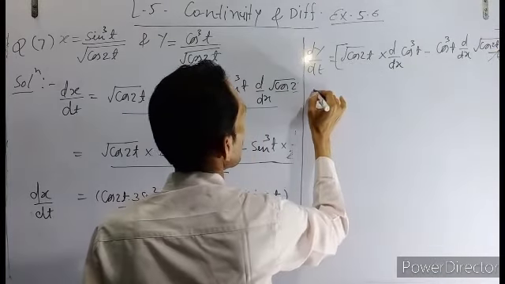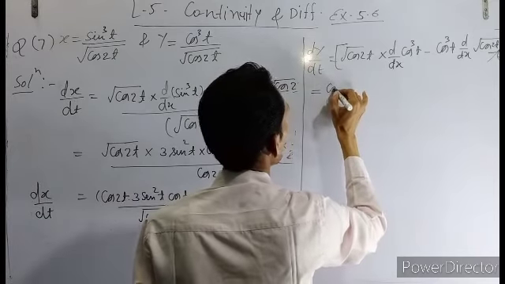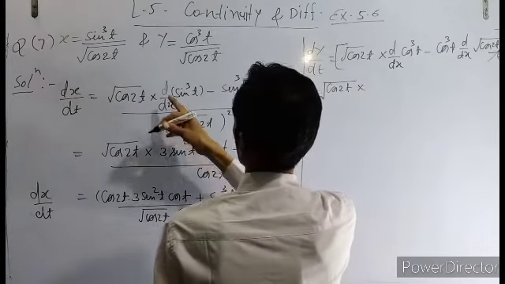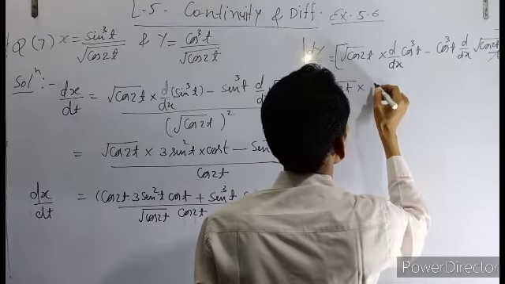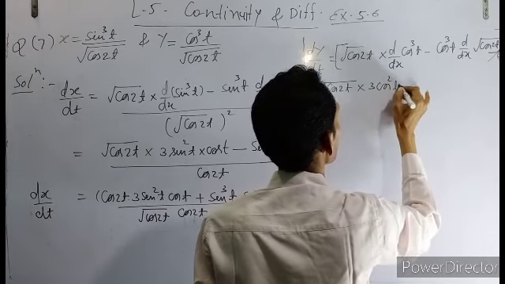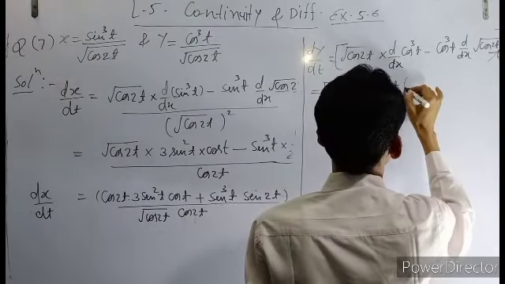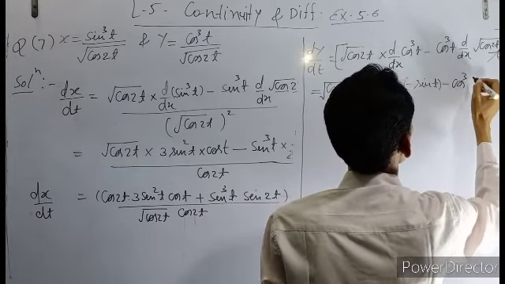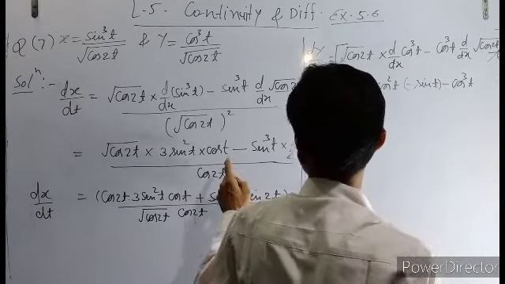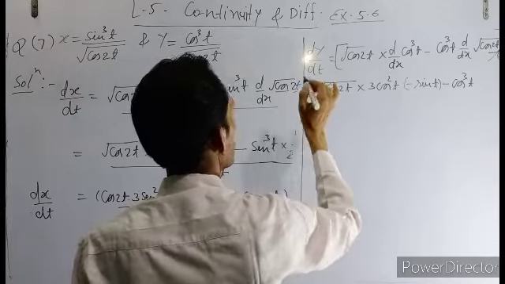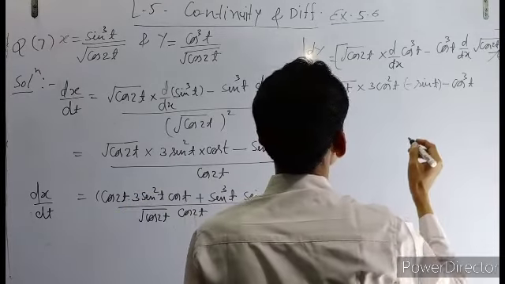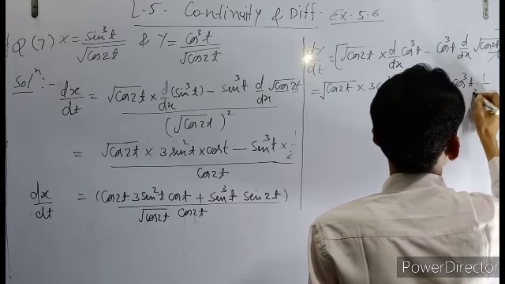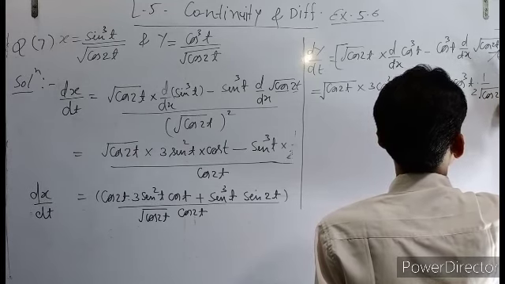Okay, now simplify it. Under root cos 2t into the derivative of cos cube t, which is 3 cos square t into minus sin t, minus cos cube t into the derivative of under root cos 2t.